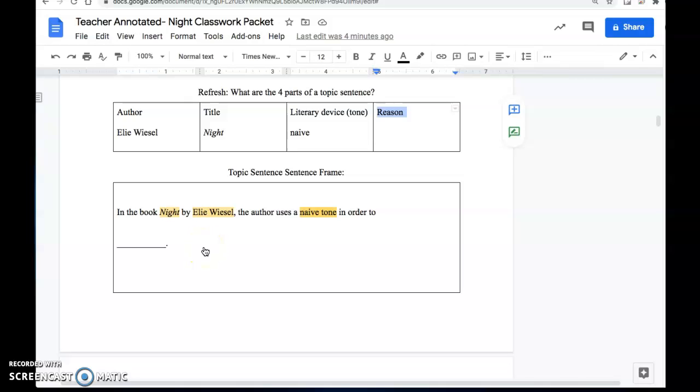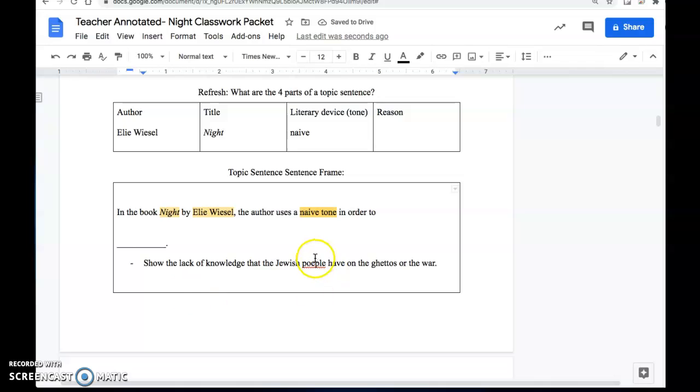Last part we need to do in order to make our topic sentence is to figure out the reason, or this in order to statement. So your job is to think, why on earth would Elie Wiesel write this passage in an optimistic, naive, hopeful tone, right? Well, maybe it's to show the lack of knowledge that the Jewish people have on the ghettos or the war.